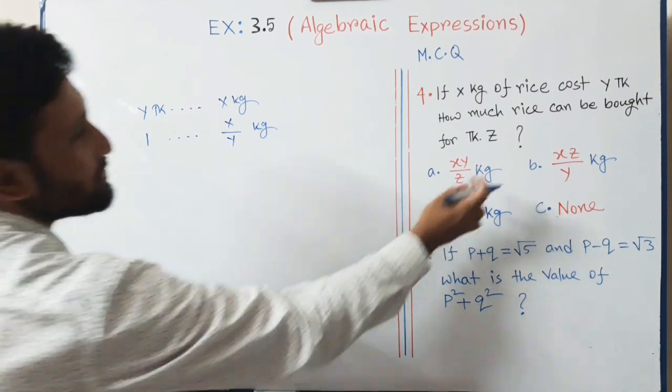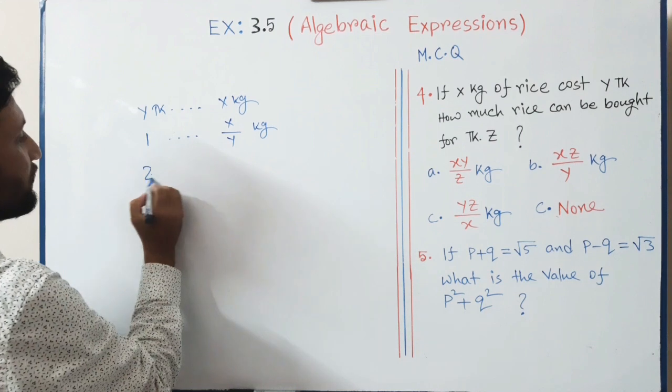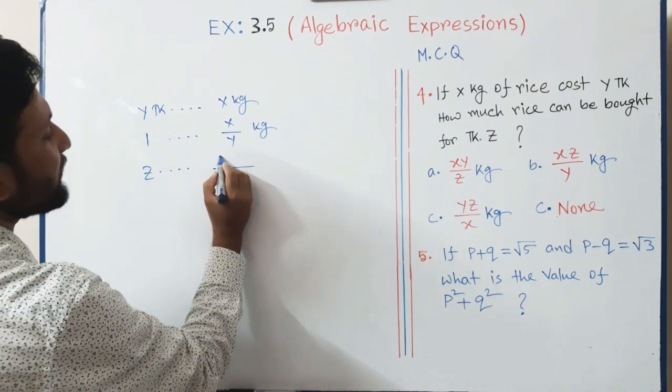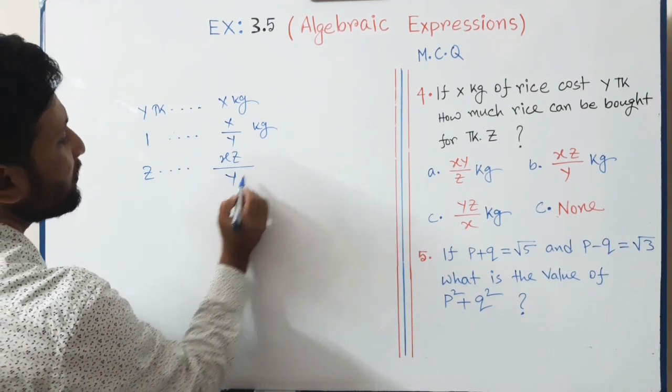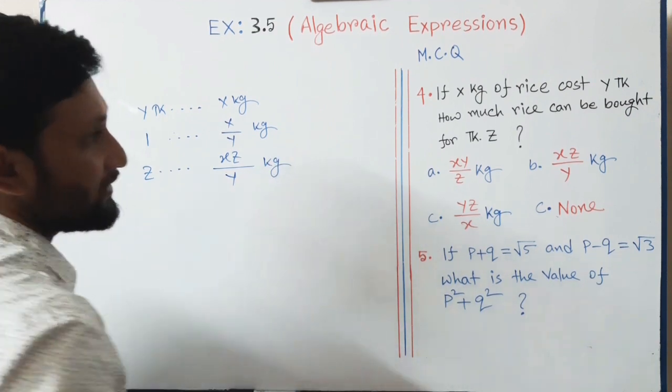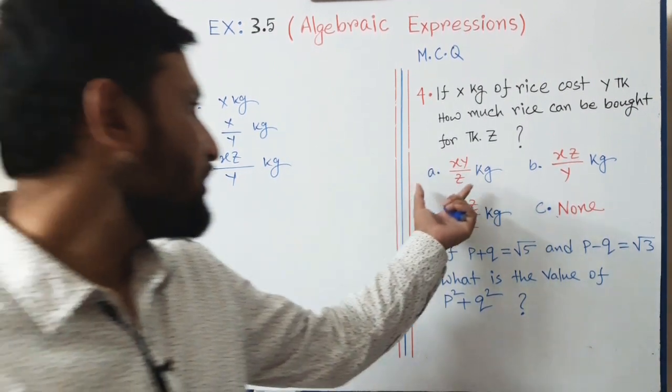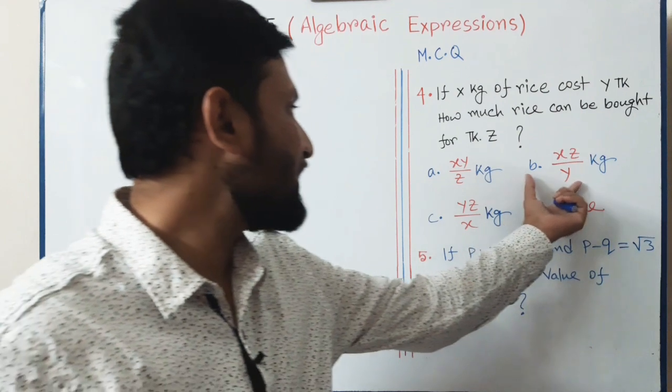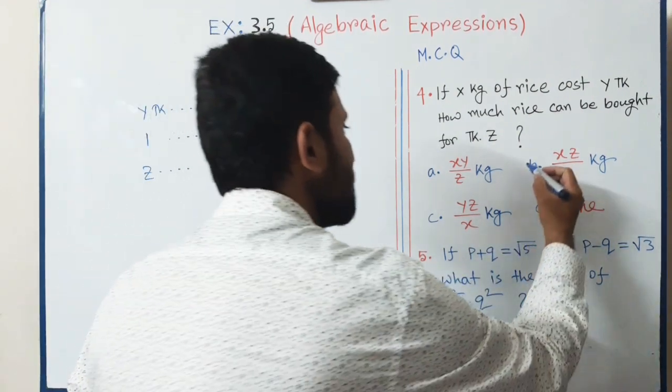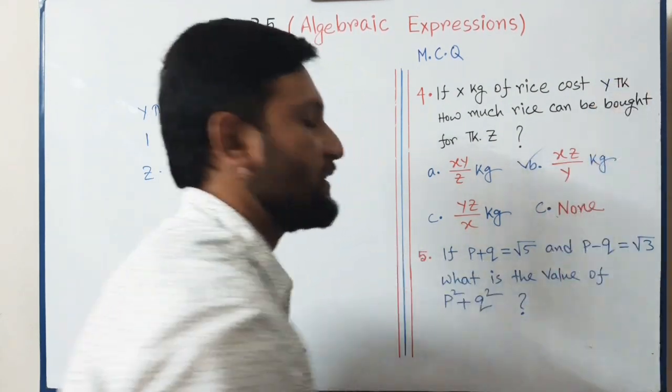So for z taka we can buy xz divided by y kg. So our required solution is xz by y kg. Option B is right.